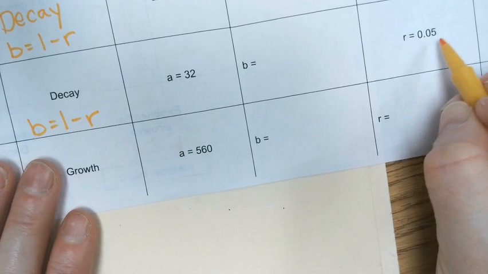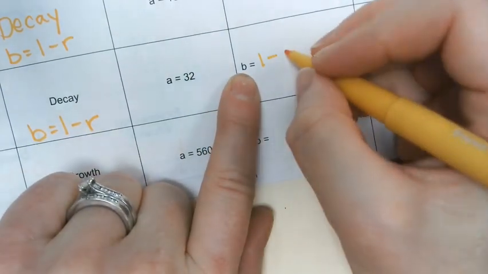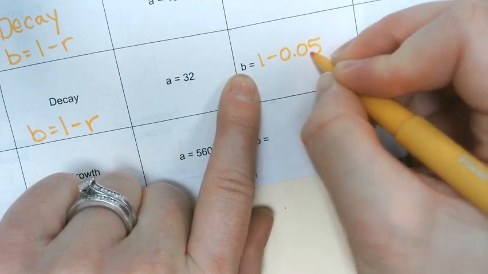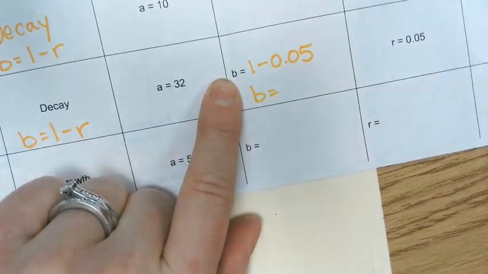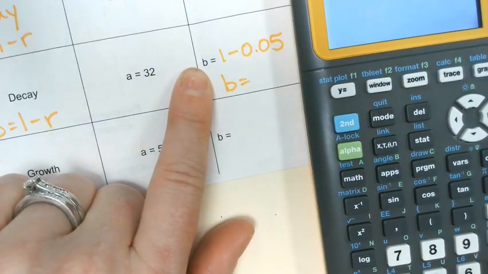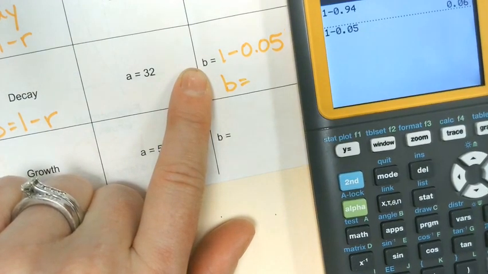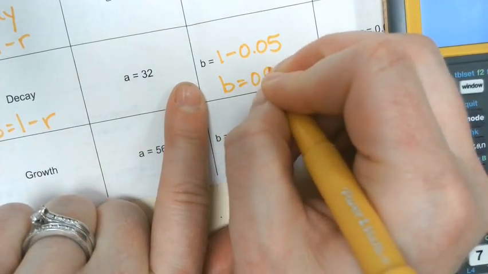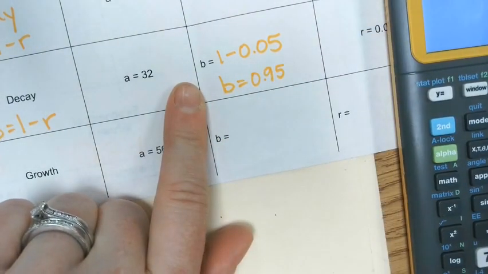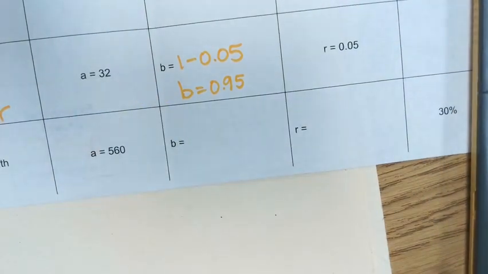So to find B from our rate, we're going to do 1 minus 0.05. 1 minus 0.05 is 0.95. So that's what the B value is.